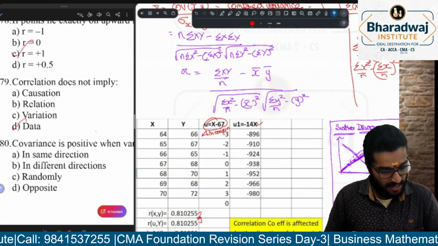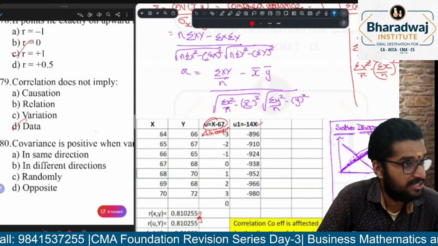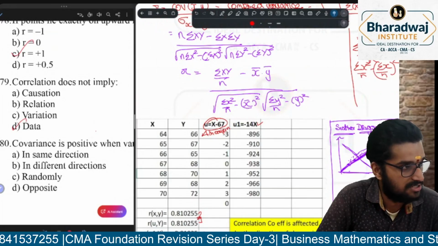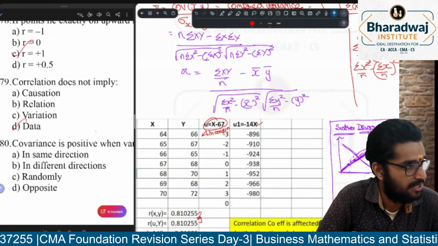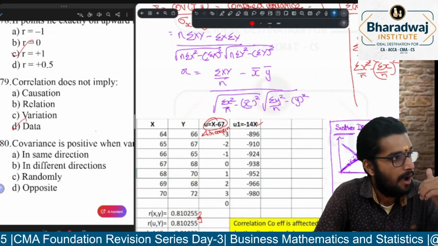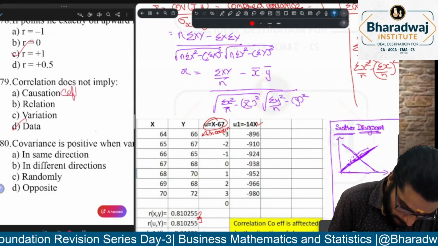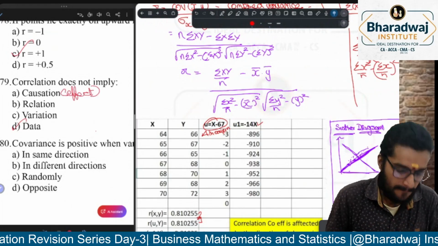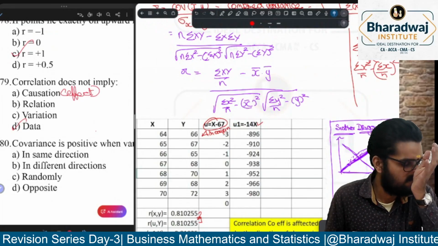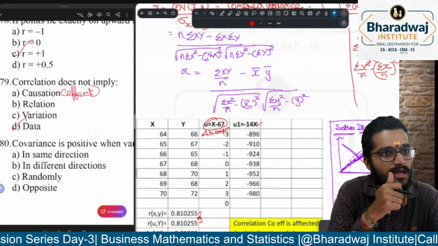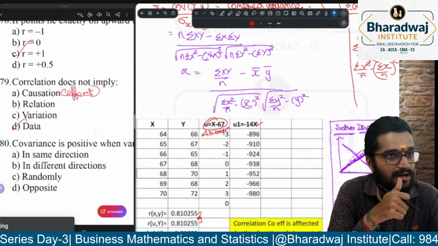We just know relationship, variation measure, that is constant of variation, like the proportionality constant, causation, that is effect; causation is nothing but effect. These we will be able to measure in correlation, but we won't be able to see how the data is placed.